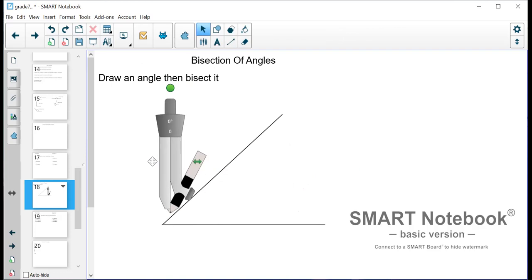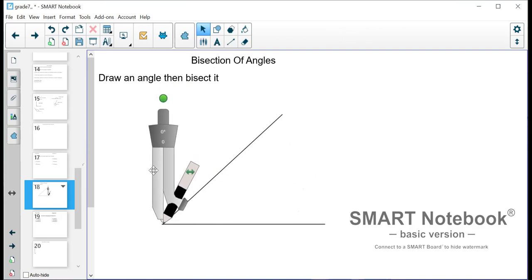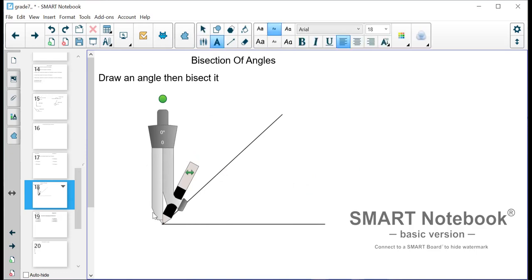I'll take the pair of compasses. I'll place it at the vertex of the angle. Everybody's supposed to know that part is named the vertex. Also, I will label the angle, because as we normally do, when you draw, you must label.